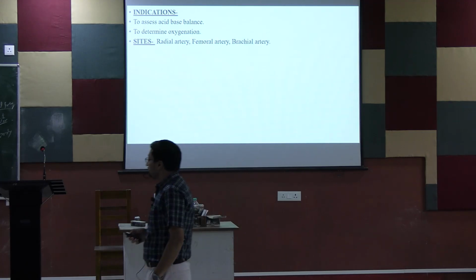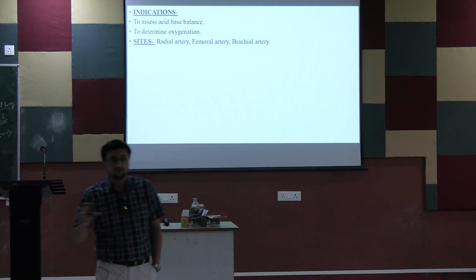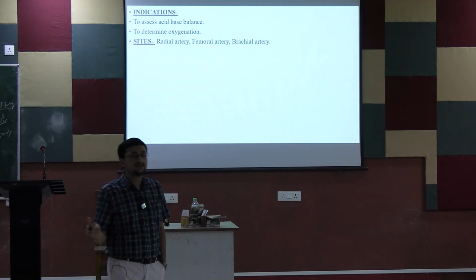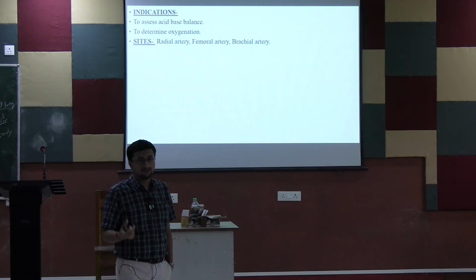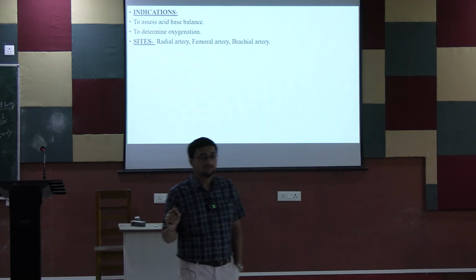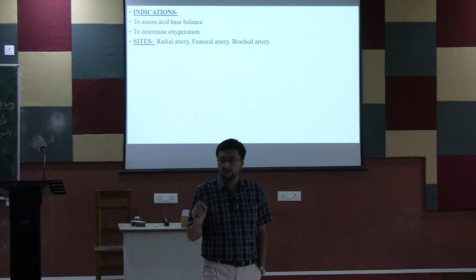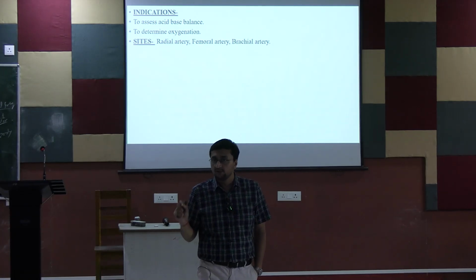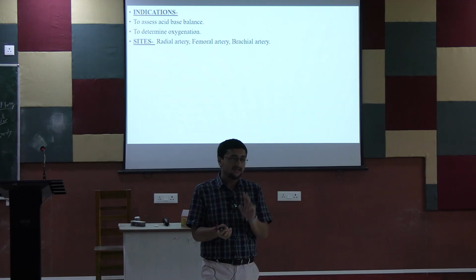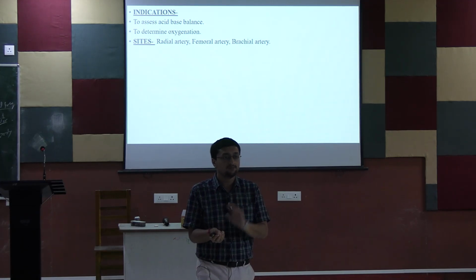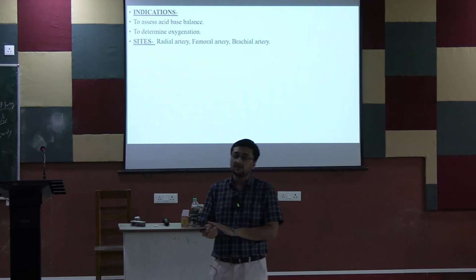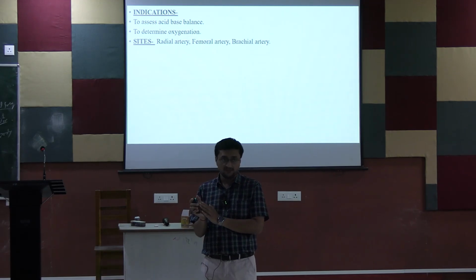Next one, definitely the artery. What are the mostly used arteries to estimate ABG? Radial artery and femoral artery. These two are the mostly used. But we prefer radial artery over femoral artery. Why? Because radial artery is superficial. Second, it is supported by a bony structure, and the radial artery supplies the palmar arch, right?